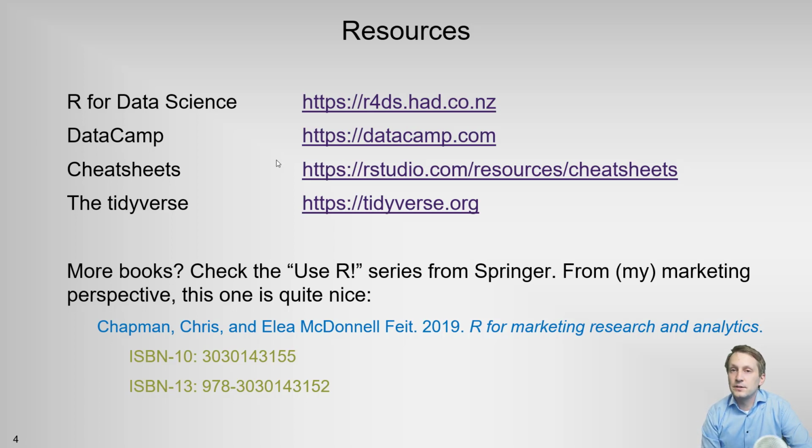I also put up these cheat sheets here and a link to the Tidyverse, which is a collection of packages that we're going to rely on for quite a bit. Also, if you're interested in more readings applied to your discipline, check out the Use R series from Springer. I have an example here for a marketing R textbook that is actually fairly well received.